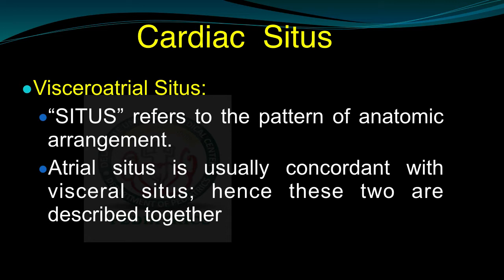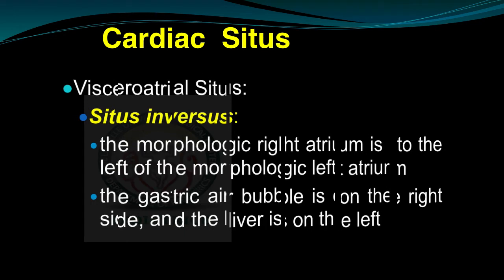While in situs inversus, the morphologic right atrium is to the left of the morphologic left atrium, and the gastric bubble is on the right side and the liver is on the left side. Okay? Take note of these two drawings.